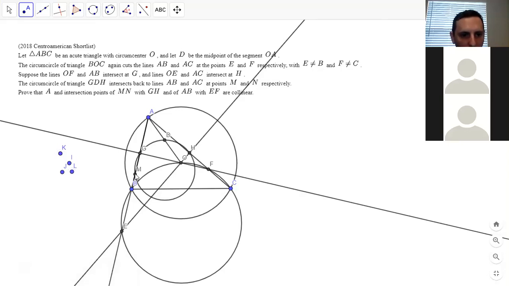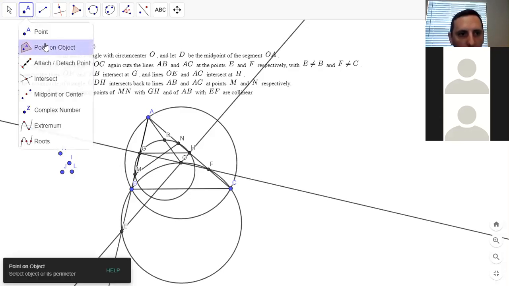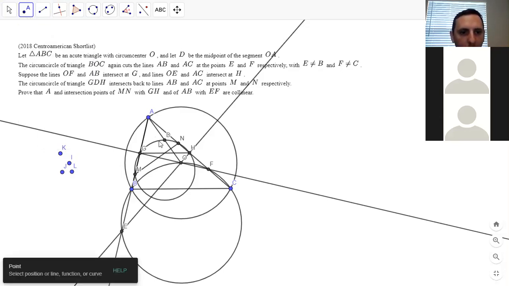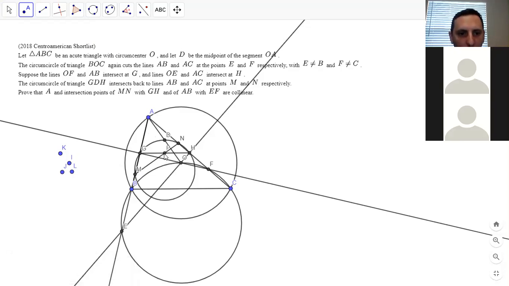M and N. Prove that A. So we want to draw the intersection of MN with GH. And I wonder if G and H are midpoints of AB and BC. We'll see.